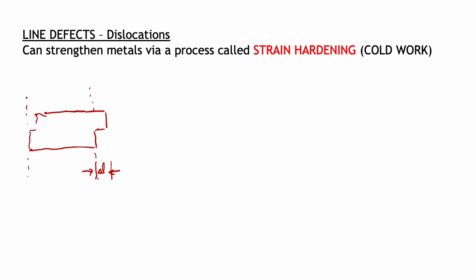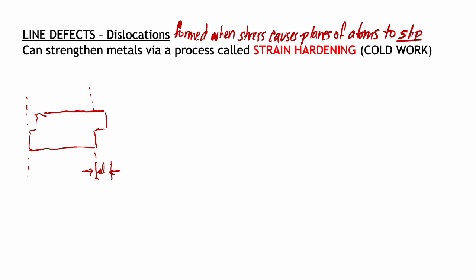Dislocations are formed when stresses cause planes of atoms to slip, and that's actually a science term, to slip past one another in slip directions.